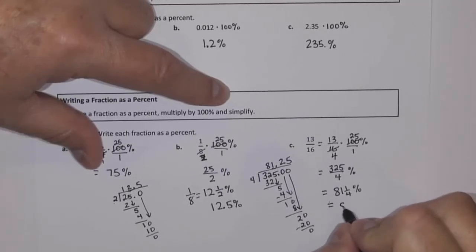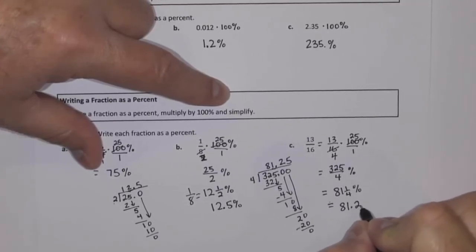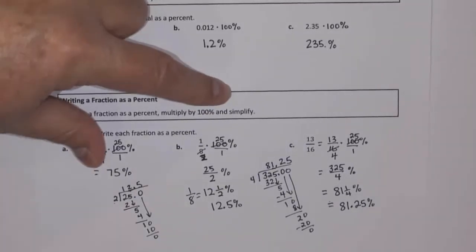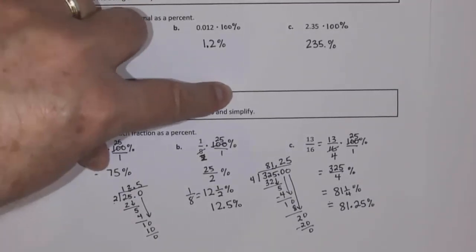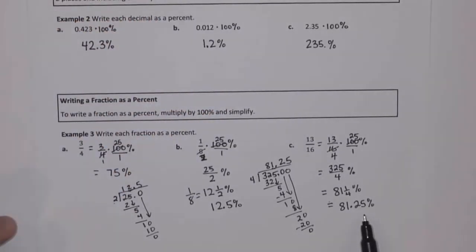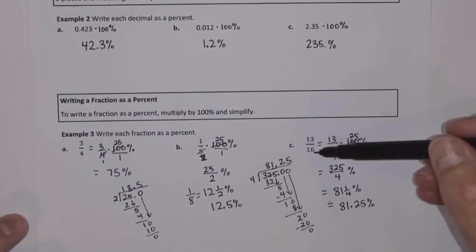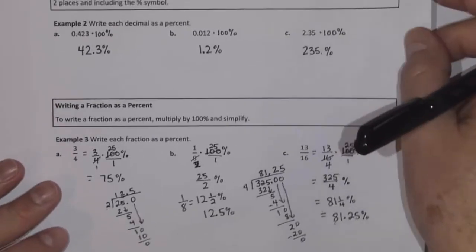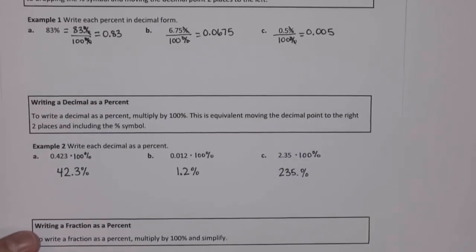So this would be the same as 81.25%, which again should make sense because 1/4 is the same as 0.25. So 81 1/4 is the same as 81.25. So 13/16 is 81.25%.